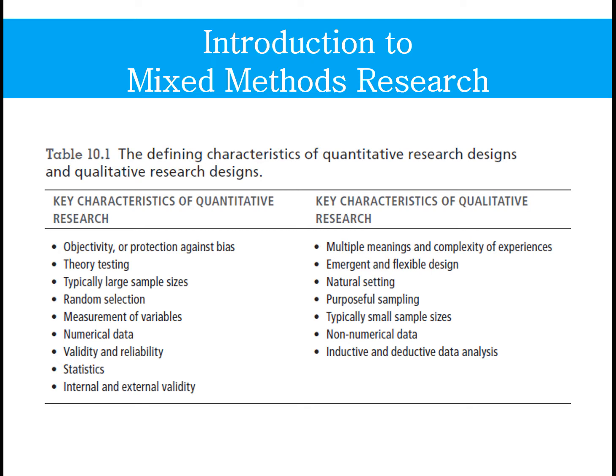Whereas qualitative research is looking at multiple meanings. It's not concerned about biases. In fact, as a researcher, you need to explain your worldview, or how your experiences influence how you are perceiving your study. It's usually a smaller sample size.